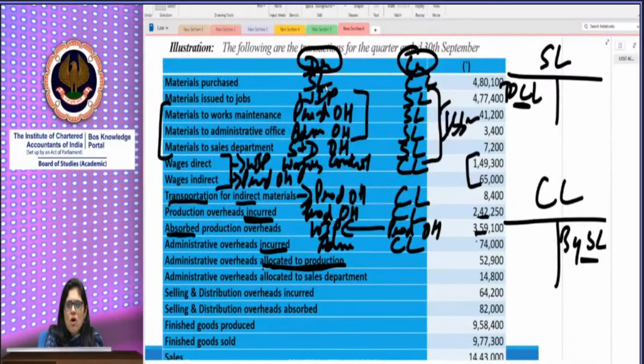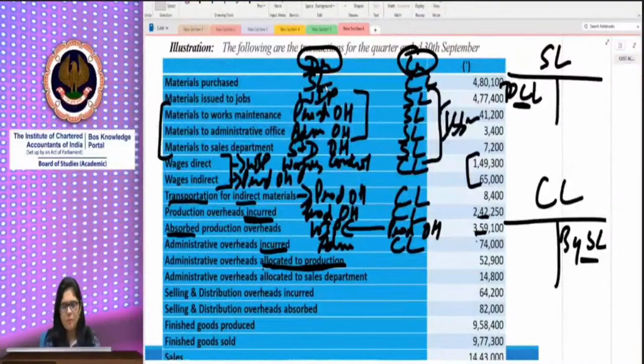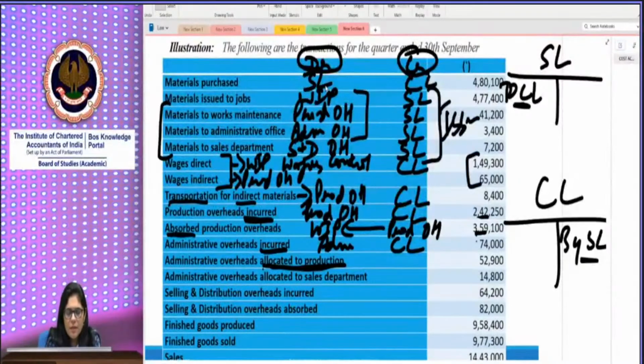Allocated means absorbed. They have to be absorbed to production. So just absorb them. And administrative overheads allocated to sales department. Both are absorbed, to production and to sales. Just take them to respective departments.